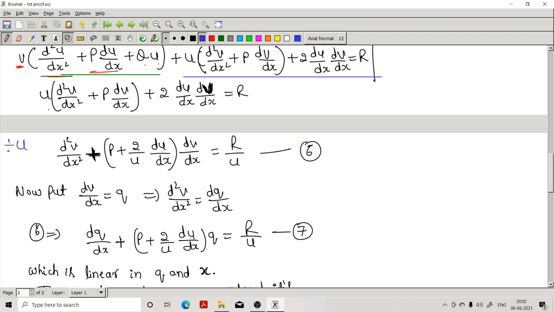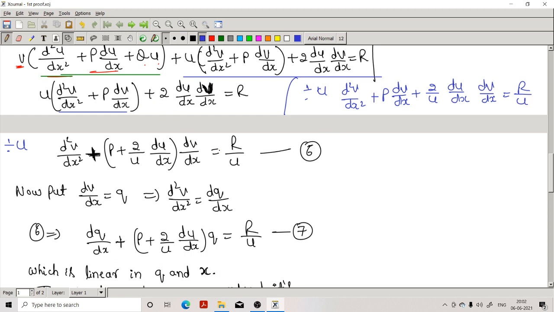After dividing by u, you will get d square v by dx square plus p into dv by dx, plus 2 by u into du by dx into dv by dx, is equal to r by u. Divide the whole equation by u.